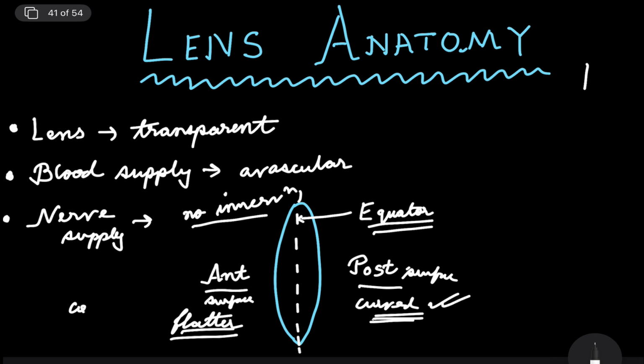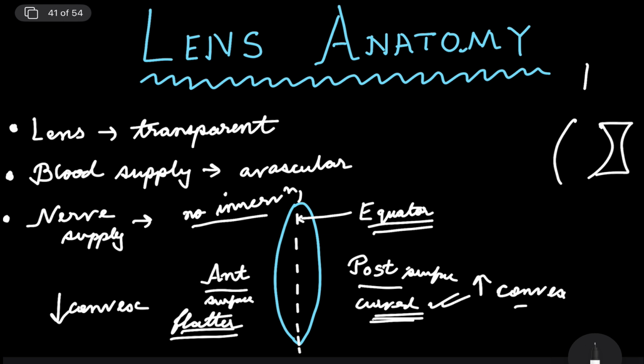Another term that we can use instead of curved is convex, or rather this is less convex and this is more convex, right? We know that convex is this and concave is this. This is a concave lens, this is a convex lens, or rather this is a biconvex, because both the surfaces are convex, and this is a biconcave. Okay, just to revise what convex and concave mean so that you don't get confused.